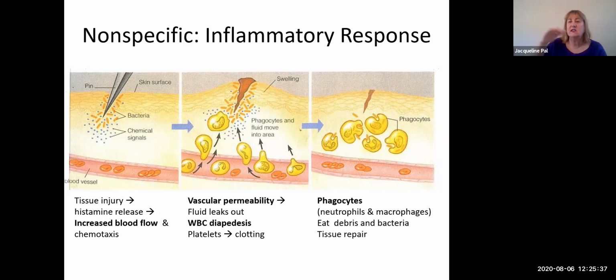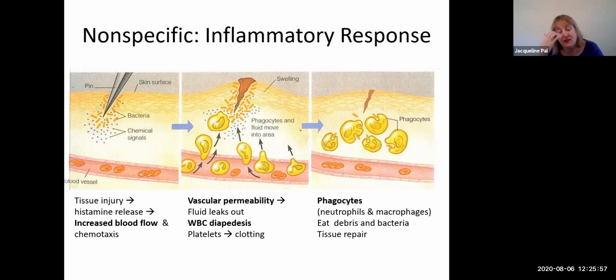And it will continue for as long as needed. Both of these cells are going to do phagocytosis, not only of any bacteria that were introduced, but also of any debris that occurred as a result of the injury, any cellular death that occurred.